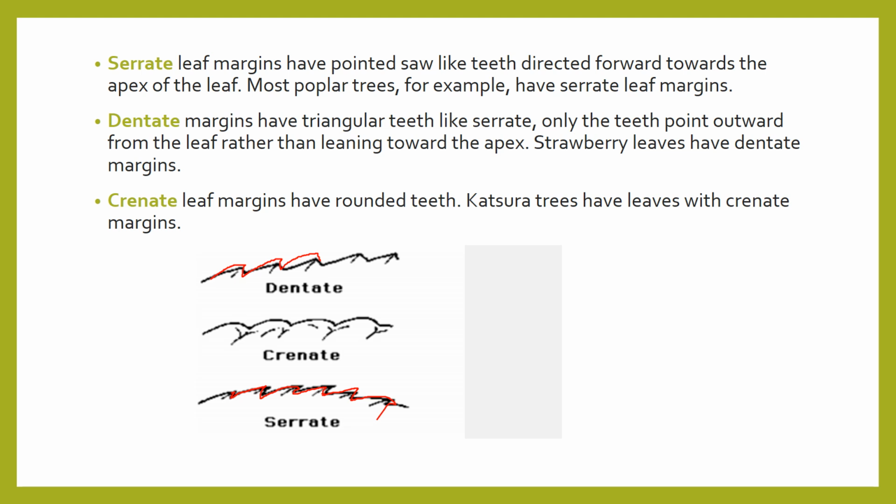And crenate is different from them because the teeth of the margin are rounded. They are not sharp, just rounded, as you see in the picture.